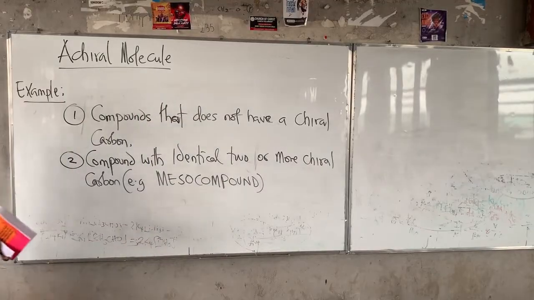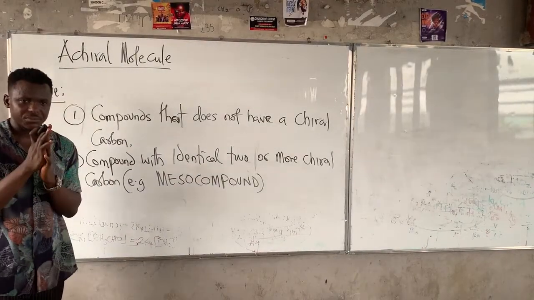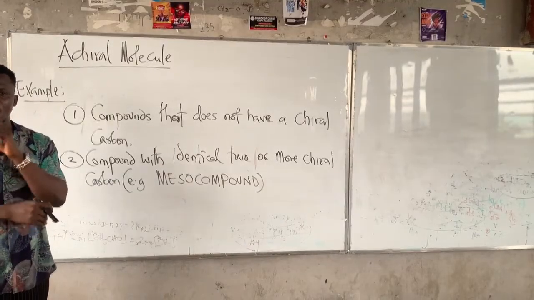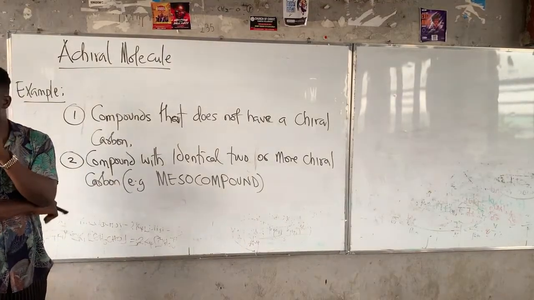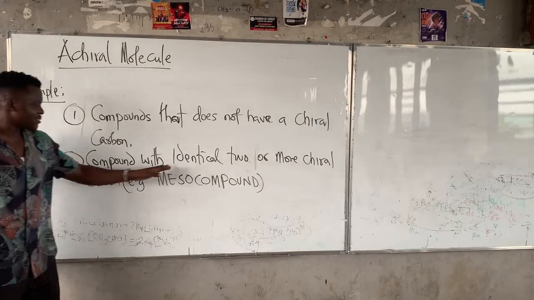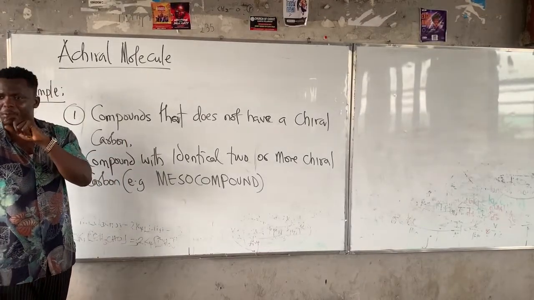Now, I said two kinds of compounds can be called achiral. The first one is any compound that you can think of that does not have any chiral carbon; obviously that compound is achiral. Point number two is any compound that contains identical two or more chiral carbons.